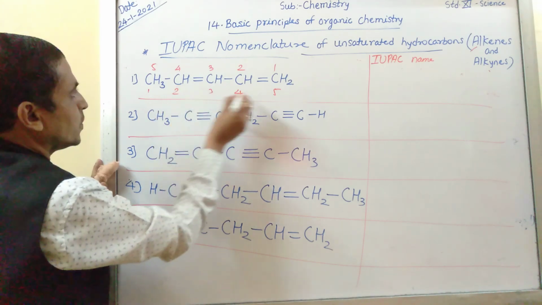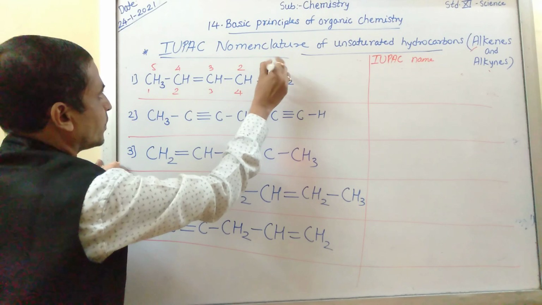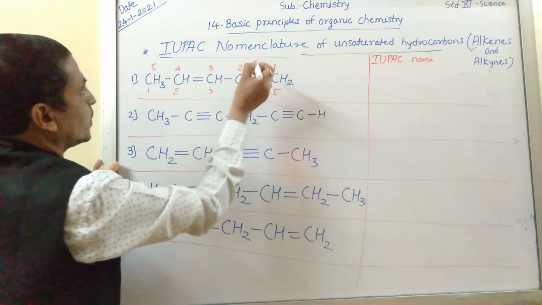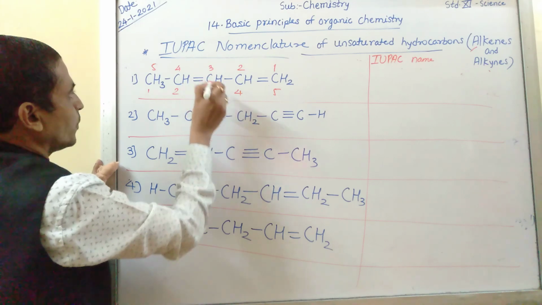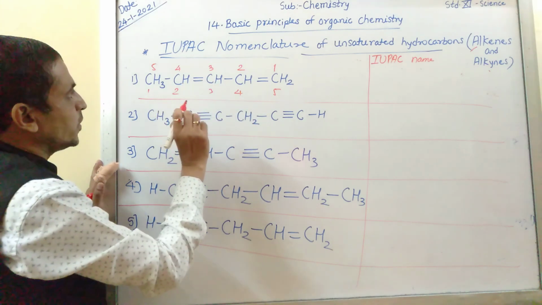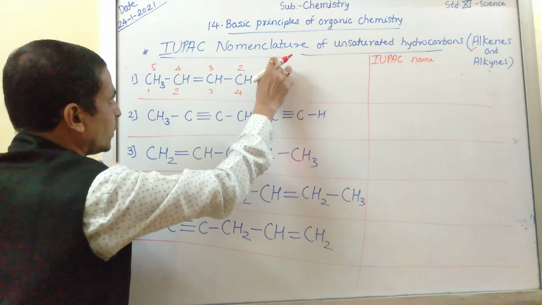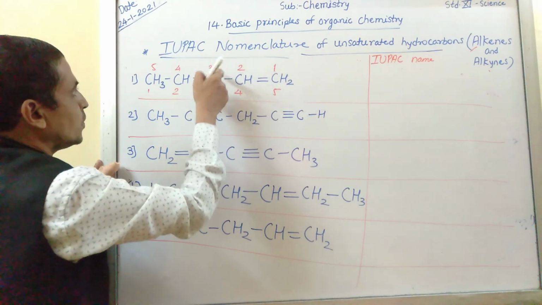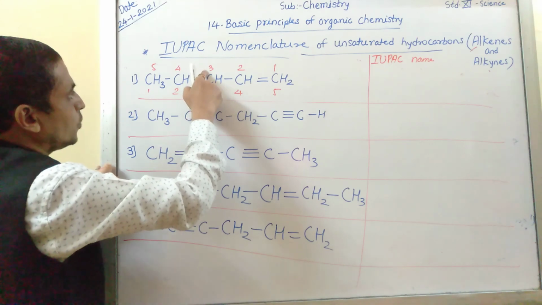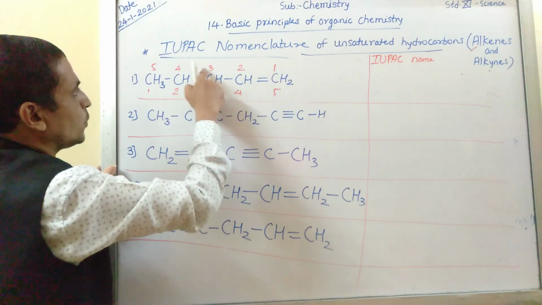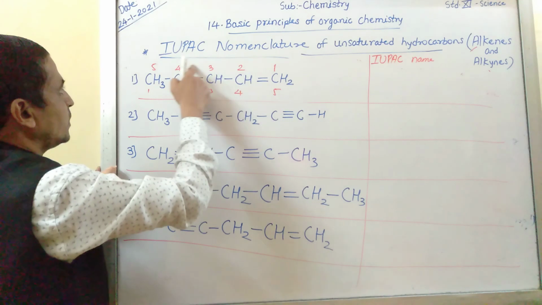If I start from this side, 1, 2, 3, 4 and 5, there is no problem in the numbering, because see, after one carbon atom there is a double bond, and after the third carbon atom there is a double bond. So which is the correct numbering? 1, 2, 3. Here you get a lower number to the double bond, so this numbering is correct.